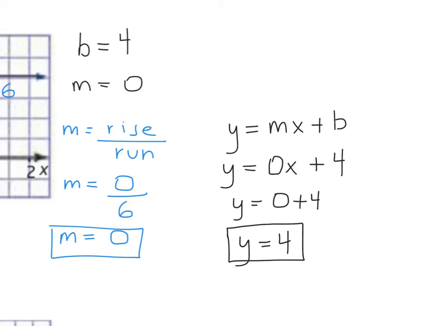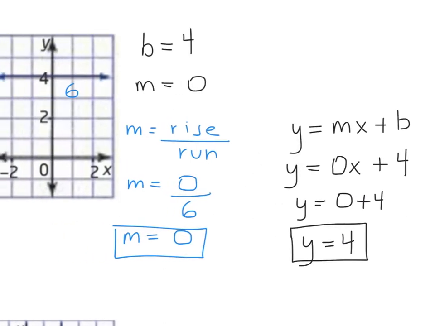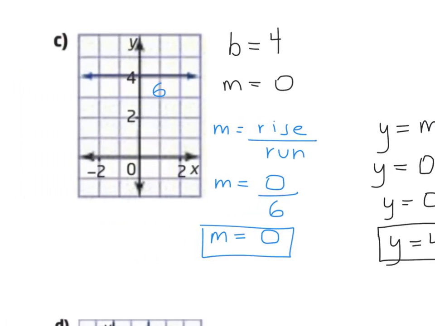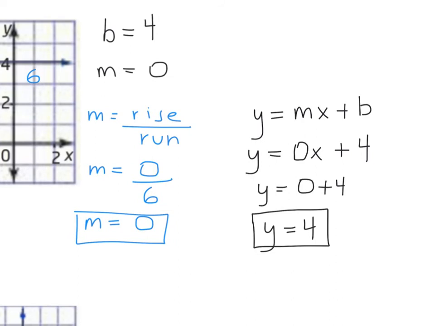And it does make sense because if we go back and look at this graph, the line is crossing the y-axis at 4. There is no slope or x term in this equation because the line isn't sloping in any way. It's completely flat. So the equation for a flat line like this could be something that looks like y equals 4.